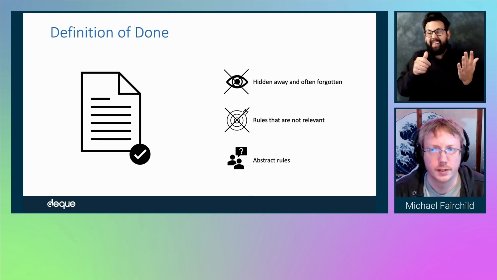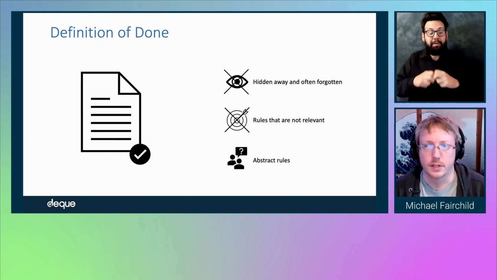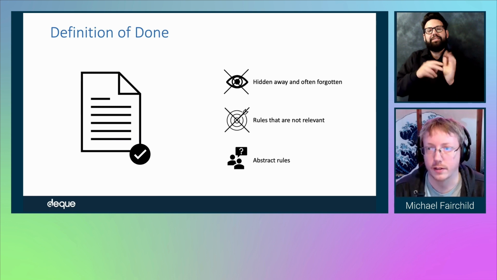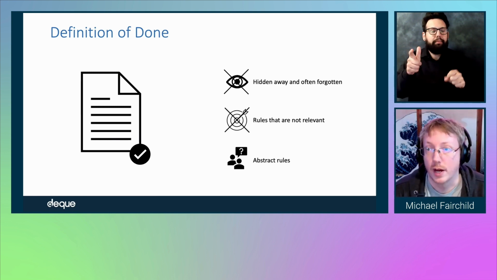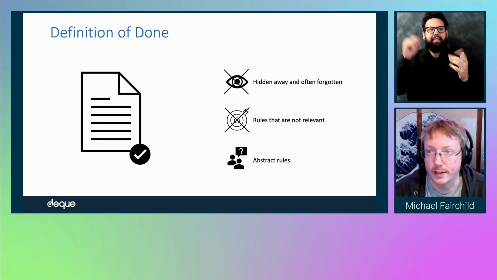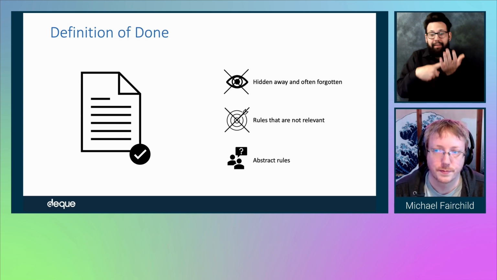The problem here is that the definition of done itself is often kind of hidden and forgotten. It's not usually front and center. In my experience, a lot of crews tend to forget about it or not reference it for every story. It becomes something of an artifact.